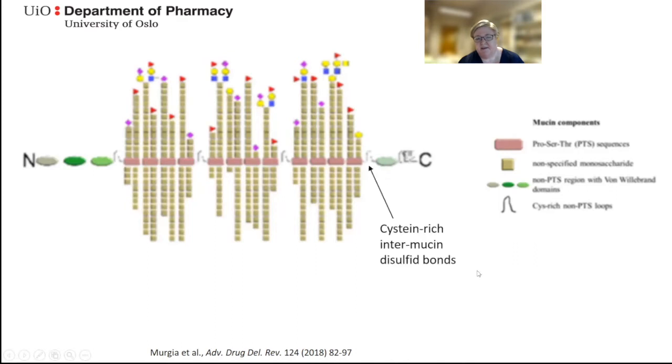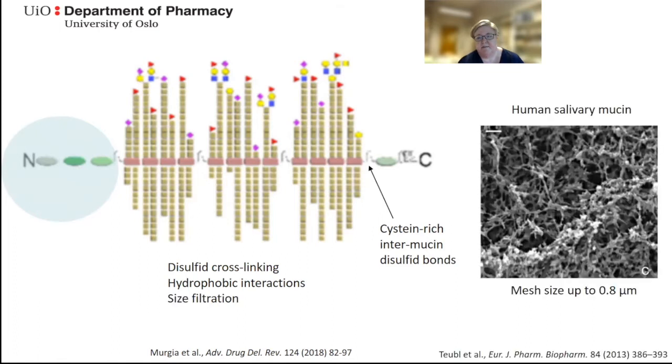In between, there are cysteine-rich parts which can form disulfide bonds with other mucins, and these sections not associated with oligosaccharides can form hydrophobic interactions, and these are together forming a mesh in a network with both covalently and non-covalently linked between mucin chains.